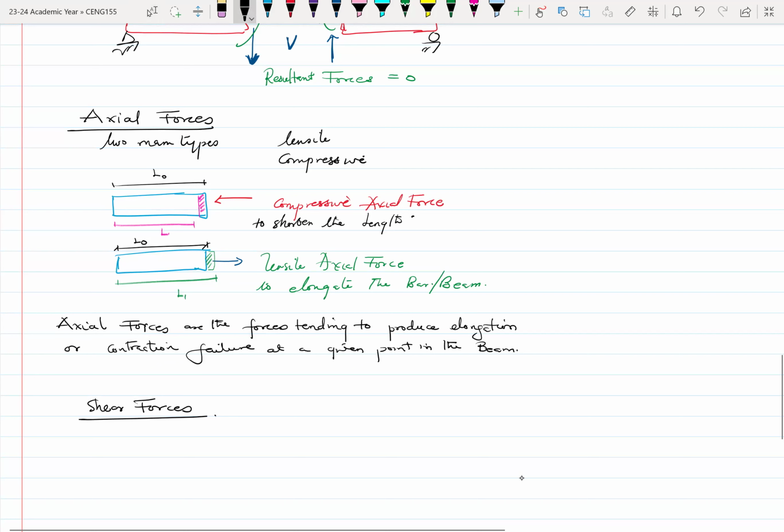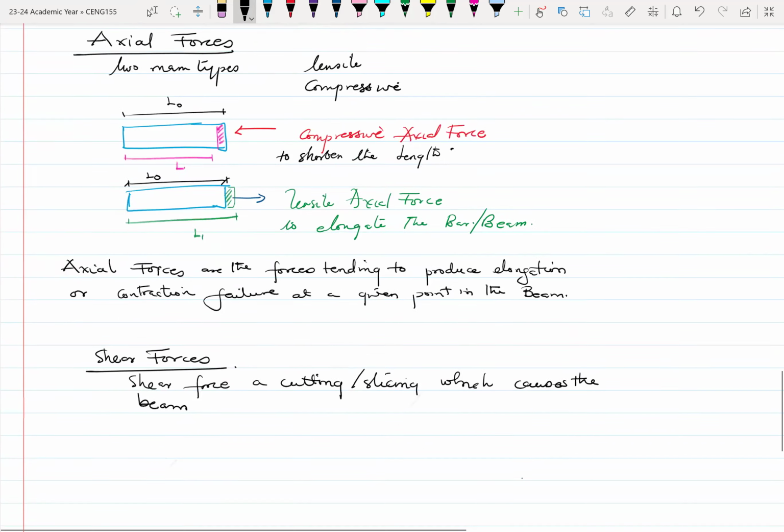So we define the shear force as pretty much a cutting or a slicing action, which causes the beam to snap.